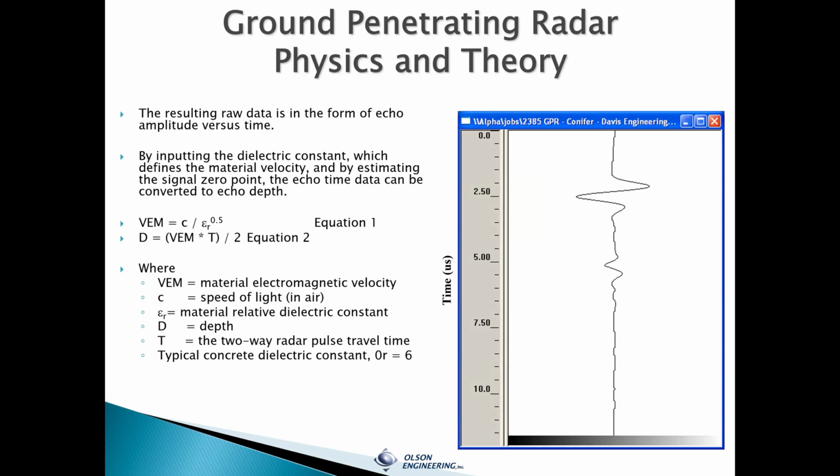We won't get too far into this for the sake of time, but in order to calculate the depth of the echo, you have to know or assume a dielectric constant, which defines the material's electromagnetic velocity, which is then used with the travel time of the echo to calculate the depth of the echo, essentially. And there's the equations that are related to that there.